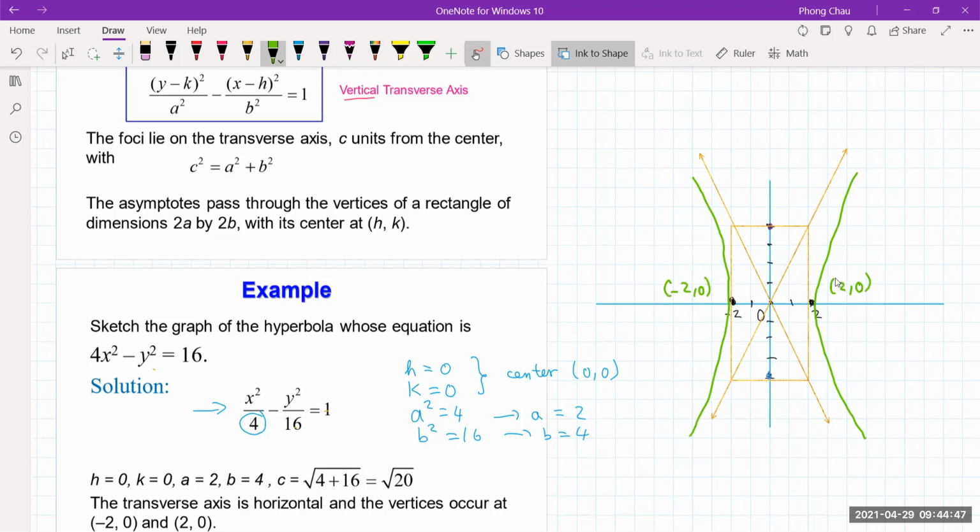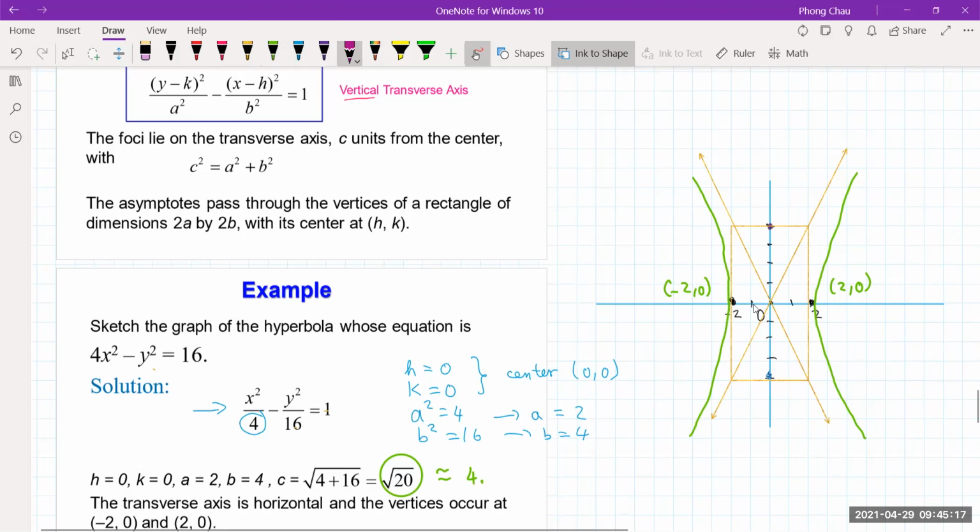If you want to find the foci, right? The foci this time will be somewhere over here. C, we have calculated this: root 20. So root 20 is approximately, I think it's more than 4, right? It's less than 5, so it'll be 4-ish. So between 4 and 5, that'll be your foci.